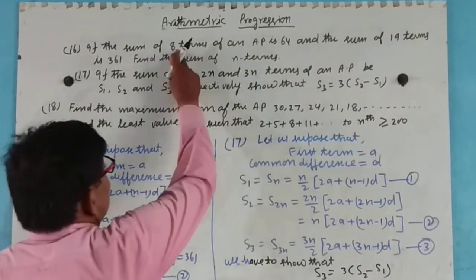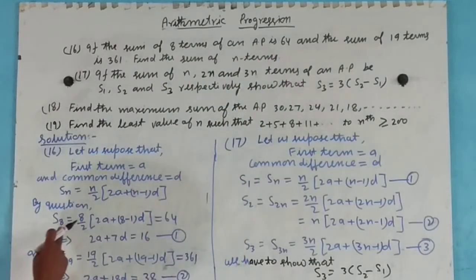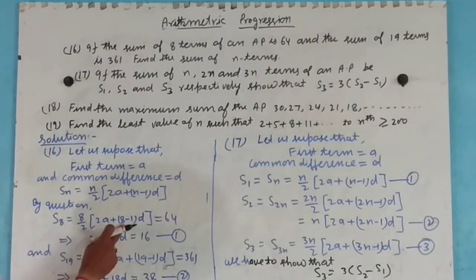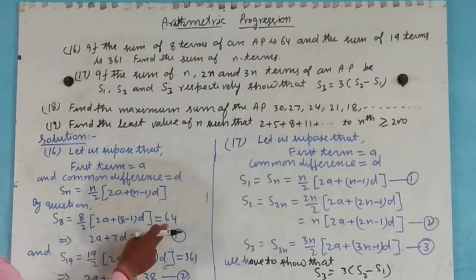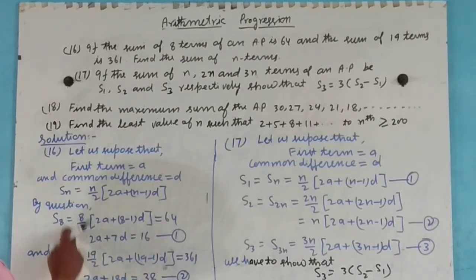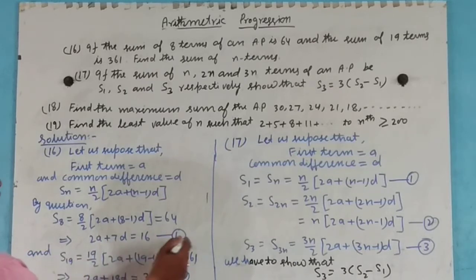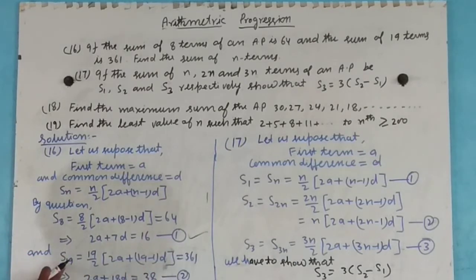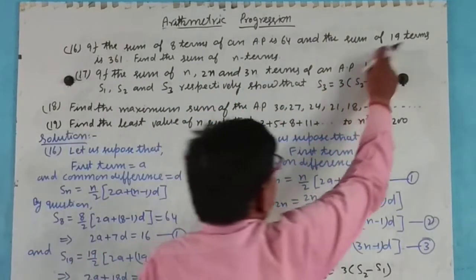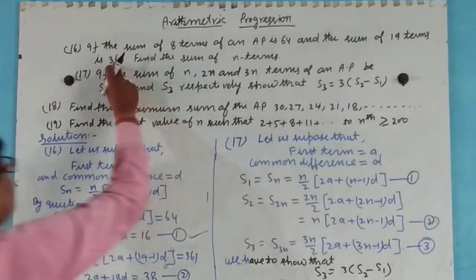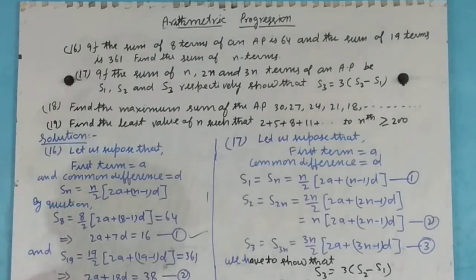Now the sum of 8 terms is 64. Here S8 is 8 by 2 into (2a plus (8 minus 1) d) equal to 64. This is 4, and dividing by 4 gives 16, so 2a plus 7d is equal to 16. This is equation 1. And the sum of 19 terms is 361, so S19 is 19 by 2 into (2a plus (19 minus 1) d) equal to 361.